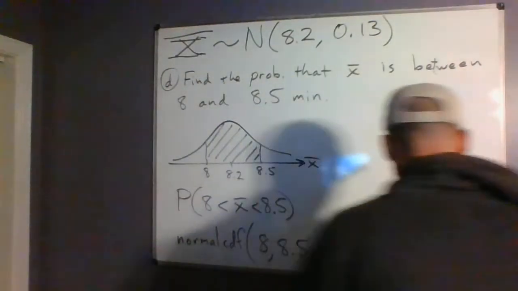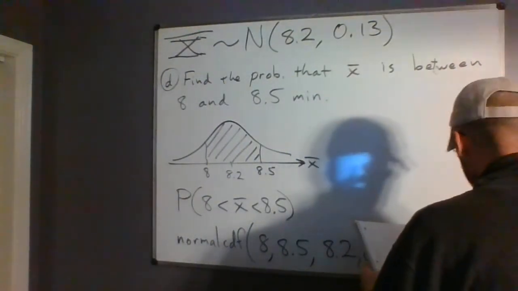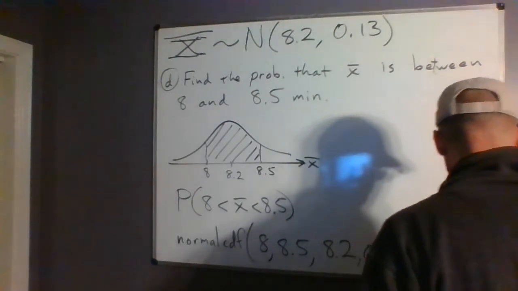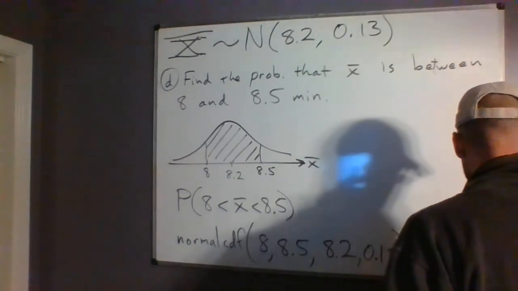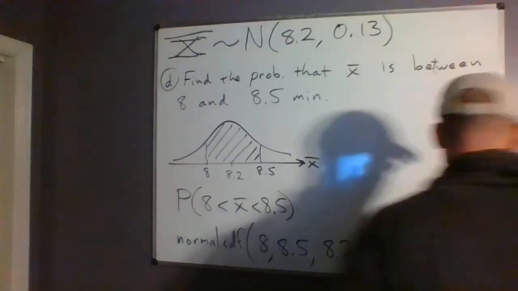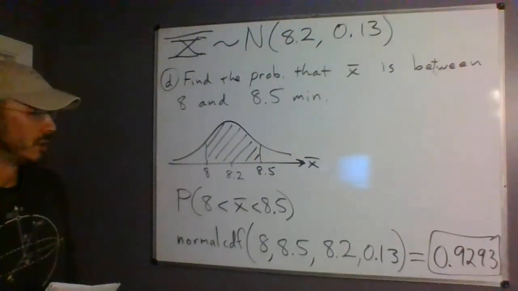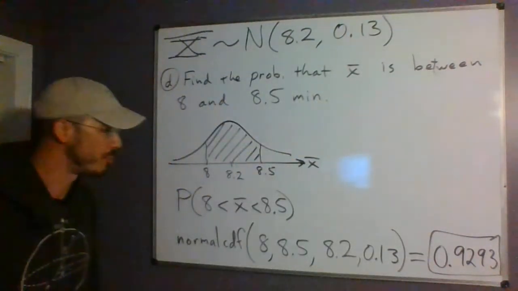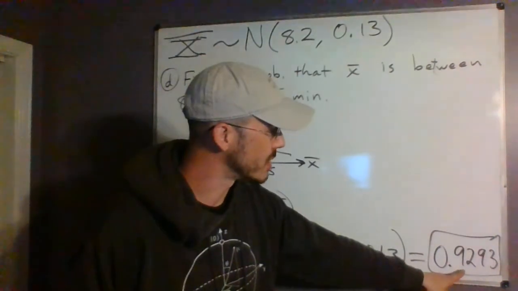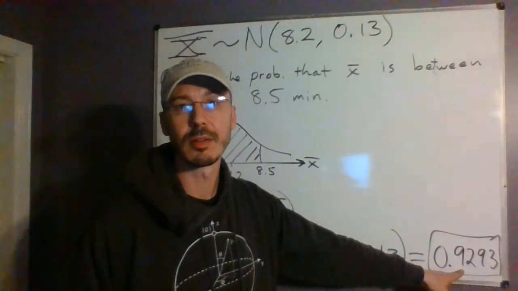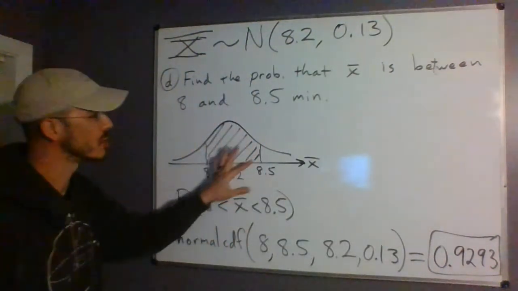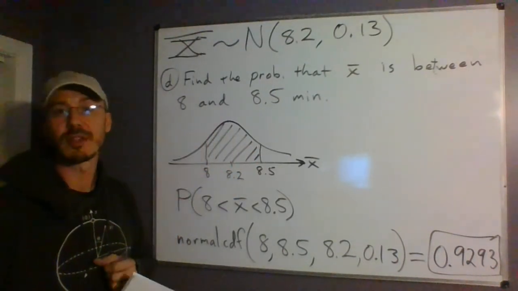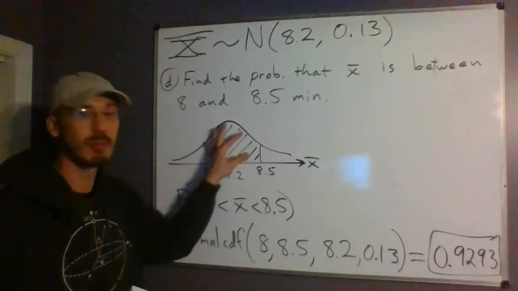And this comes out to 0.9293. So make sure you can enter that into your calculator and get that number. This is about 93%. And that means in this range, 93% of the samples of size 60 will have a mean in this range.